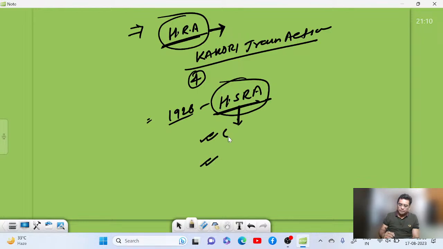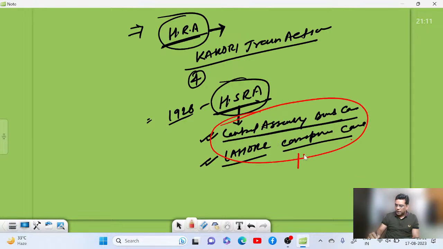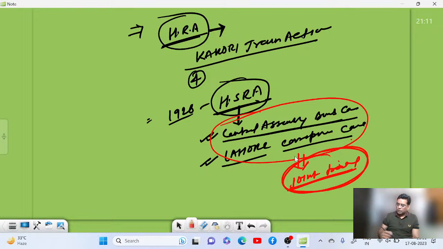So the Central Assembly bomb case and Lahore conspiracy case. In the joint trial, Bhagat Singh, Rajguru and Sukhdev were hanged, on 23rd March, these 3 were hanged.